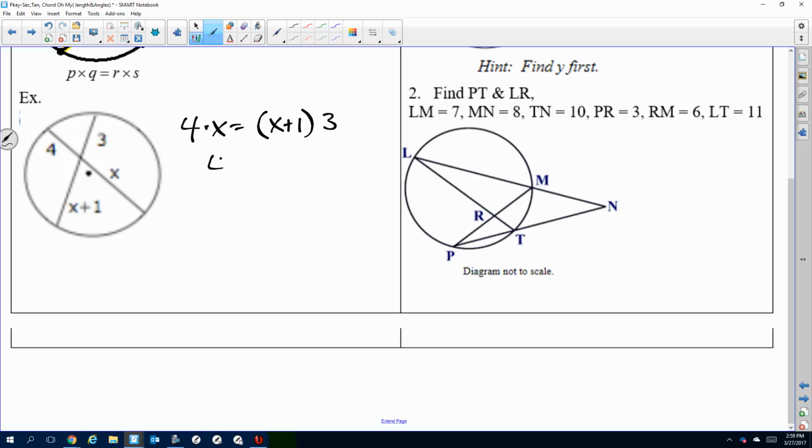So 4x basically equals 3x plus 3. So, when you subtract the 3x, x equals 3.